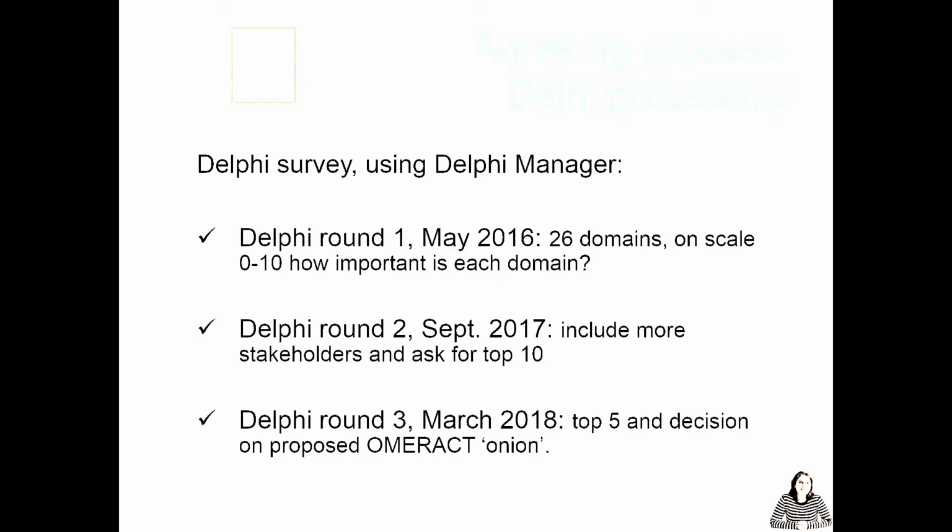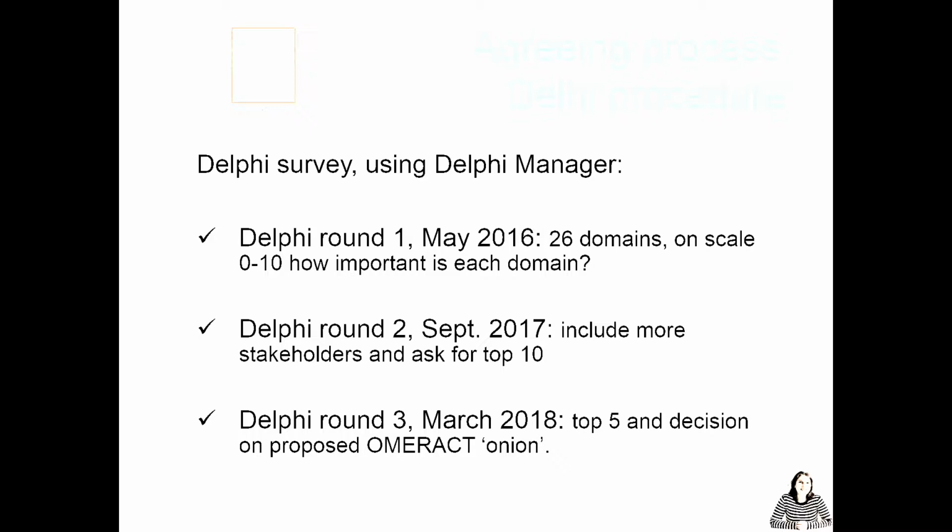Now, for some of you, I'm not sure if everyone's familiar with Delphi, but it's a structured communication method, and it's based on the principle that decisions from a structured group of individuals are more accurate than those from an unstructured group.